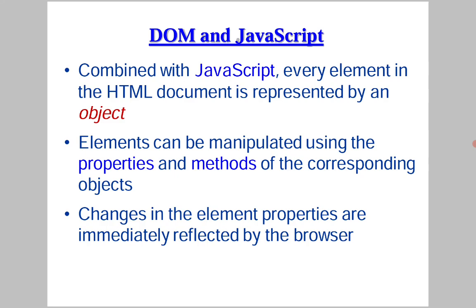By using JavaScript code or a JavaScript program, we may easily control them by writing some programs. Elements can be manipulated using the properties and methods of the corresponding object.